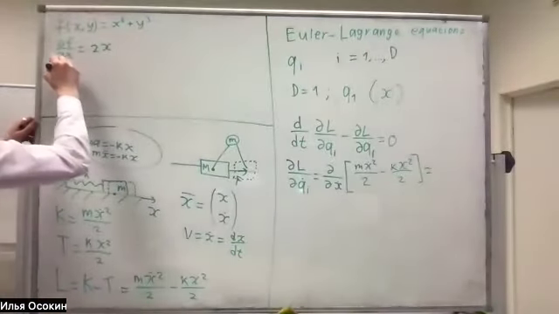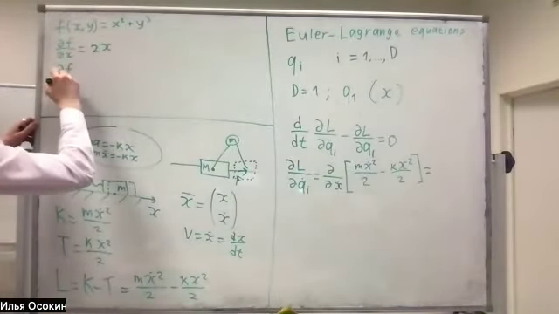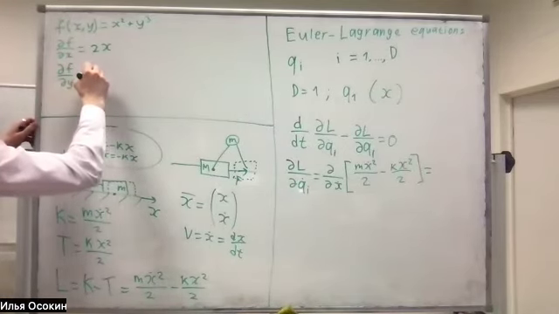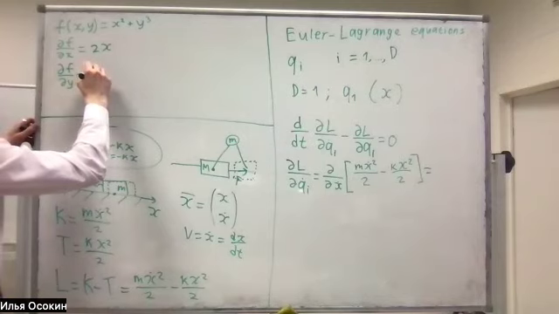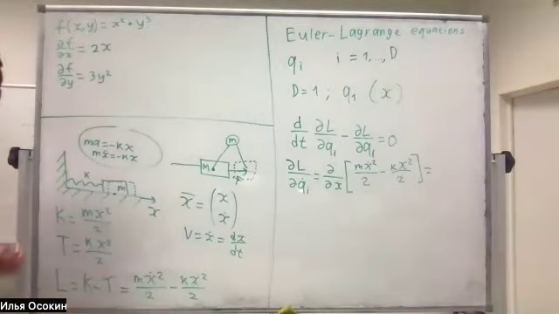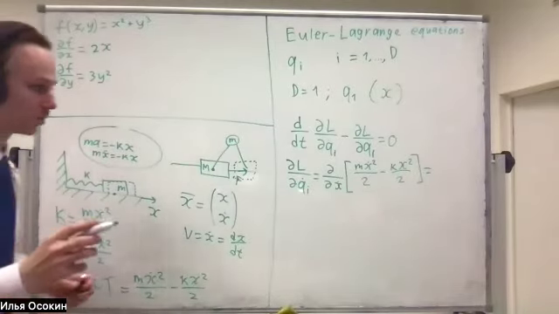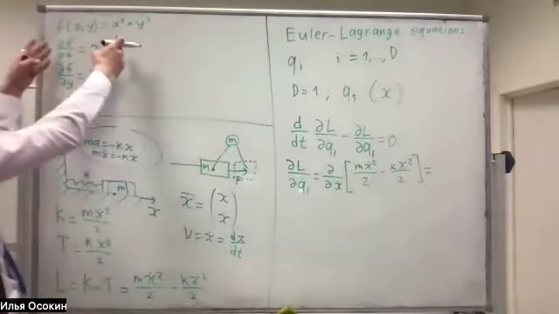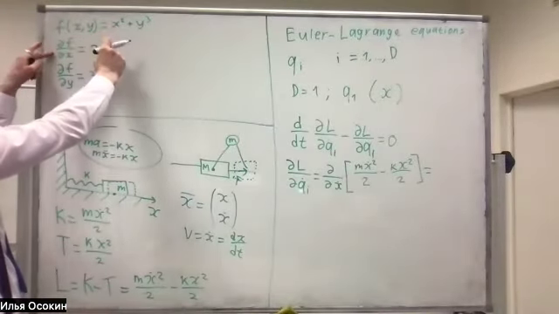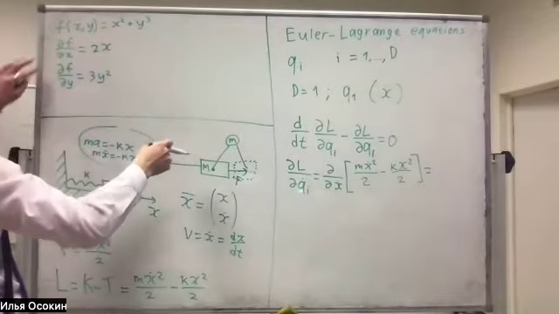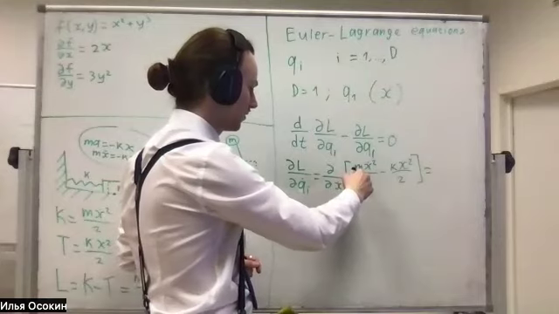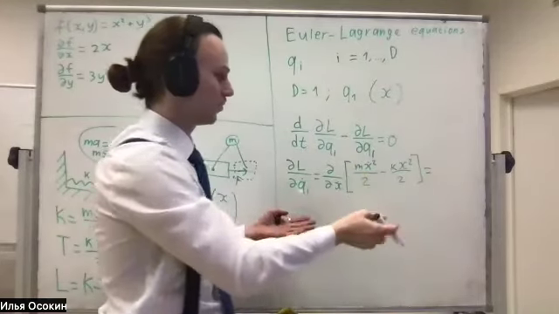The same for y. But in this case, the multiplicative term here will be 3, and here will be y squared. So here, using basically this line, we can derive what we need.